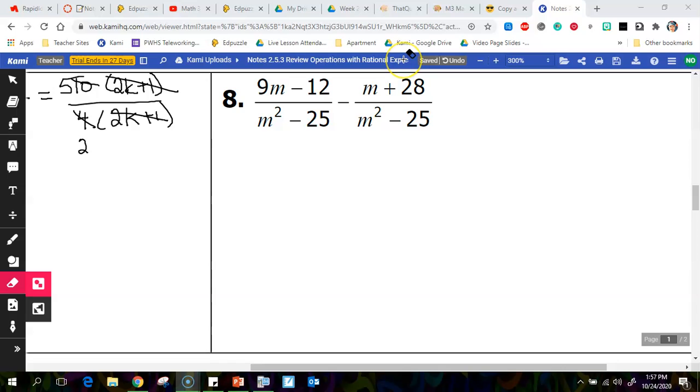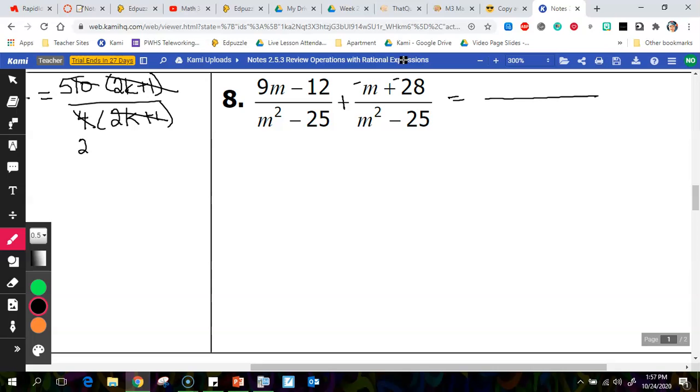Okay, so number 8 is subtraction. So I think what I will do is change this to plus and then change these to their opposite first. The denominator is the same, so I'm just going to bring it over.